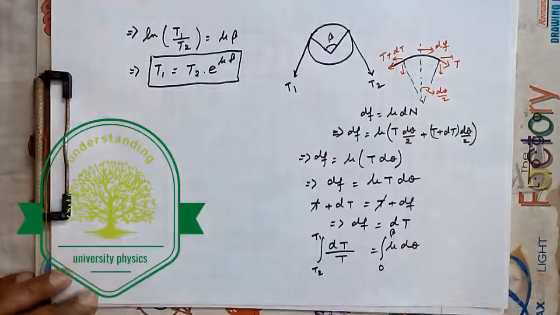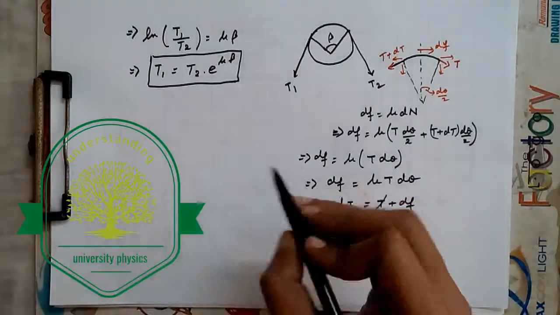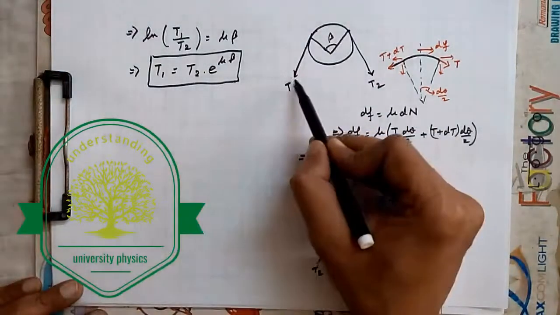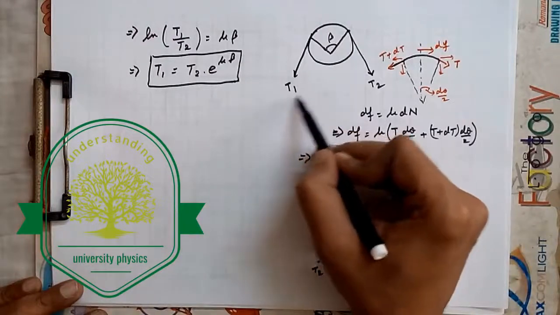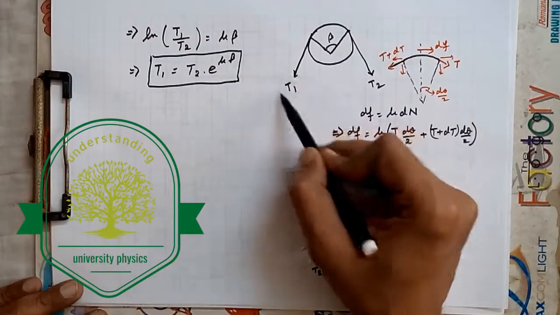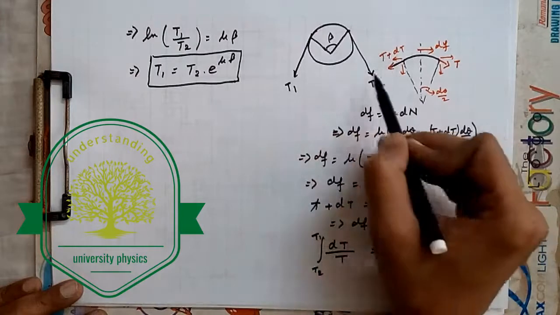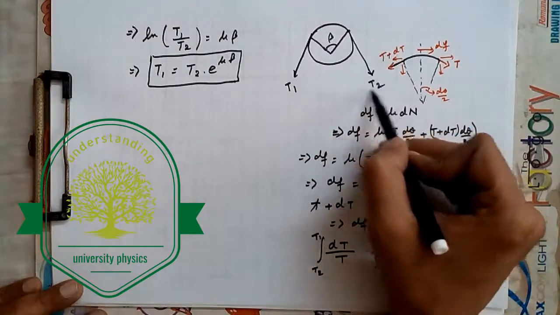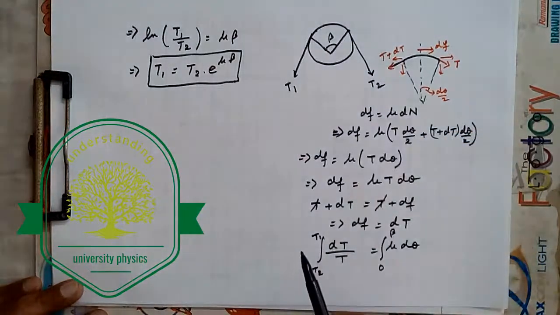What it says is, if I have a large mass hanging over here, say T1 is very large, I can make T2 very small just by controlling beta, by increasing beta.